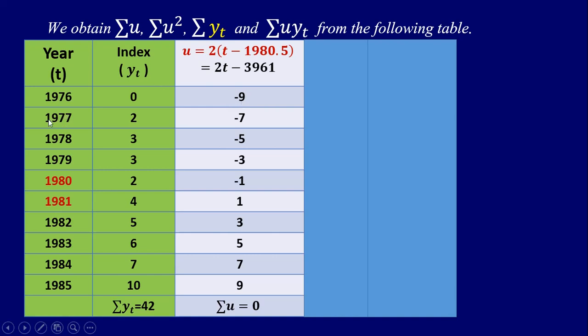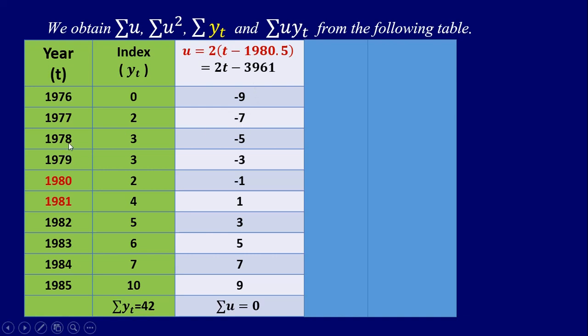Again, the second value for t is 1977. We substitute 1977 in place of t. 1977 minus 1980.5, we get minus 3.5. Now minus 3.5 into 2, we get minus 7. So we write here minus 7.